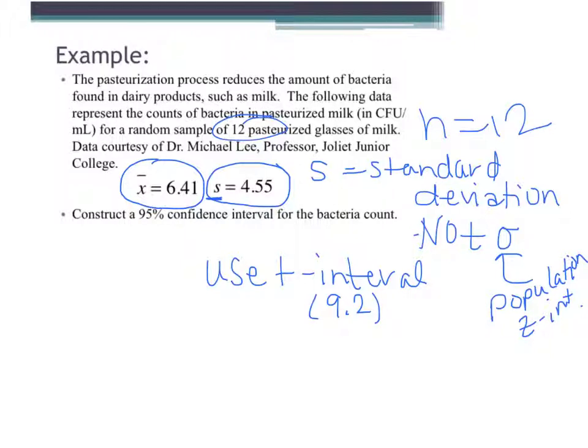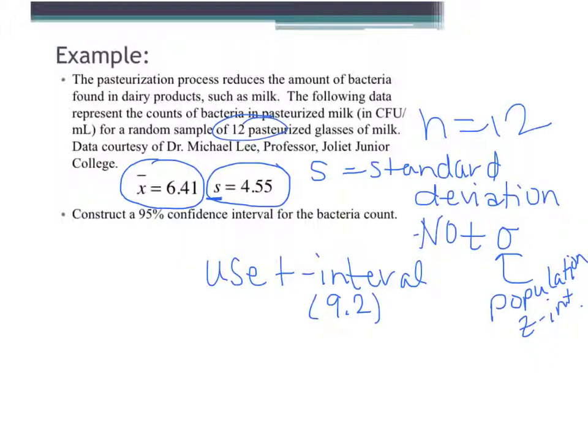And so if we're going to construct a 95% confidence interval, we have to go into our calculator, into the menu. So make sure you can do that. Get to the T interval. So that's menu, and you have your handout to go through the calculator instructions, but that's menu, 6 statistics, and then 6 confidence intervals. And then you want to make sure you choose T interval this time.